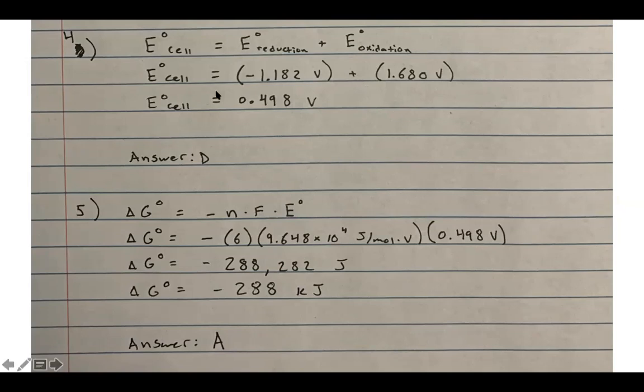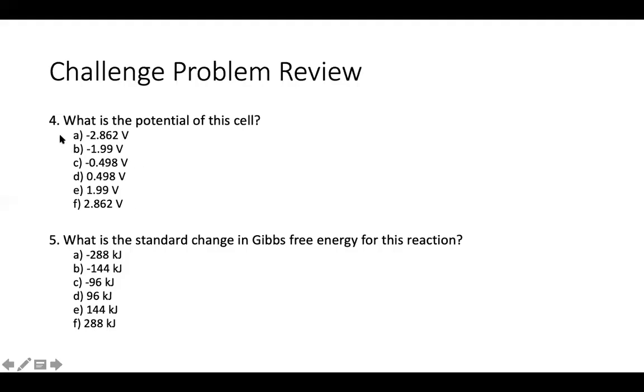If this is a spontaneous cell, we should know that the Gibbs free energy change should be negative, because negative changes in Gibbs free energy also correspond with spontaneous reactions. So knowing that this was a galvanic cell right off the bat, we should have been able to eliminate for question 4, choices A, B, and C, because those have negative potentials, which are not a galvanic cell.